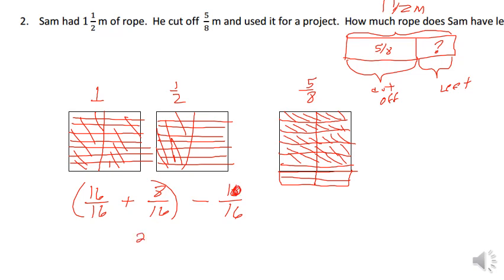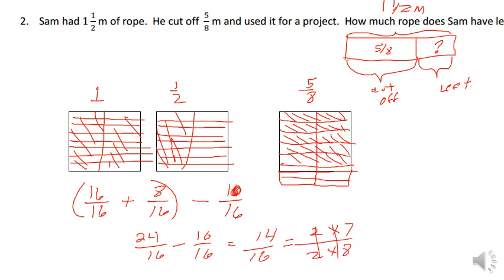We add them together, we get 24 sixteenths minus 10 sixteenths, which equals 14 sixteenths. And we can reduce that because we know 2 times 7 and 2 times 8. So that means he has 7/8 meter left. So how much does Sam have left? He has 7/8 meter left.